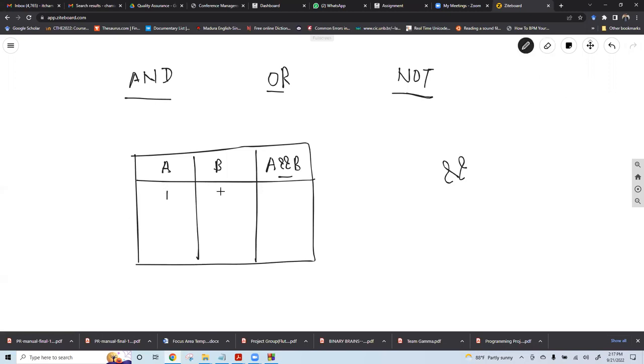So usually, when we create that, if both operands are 0, and is 0.